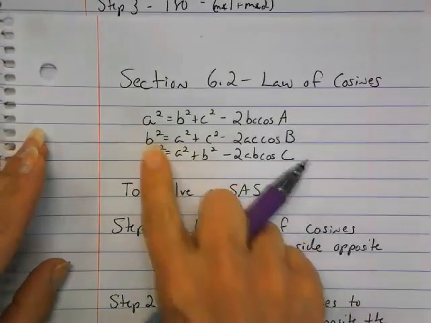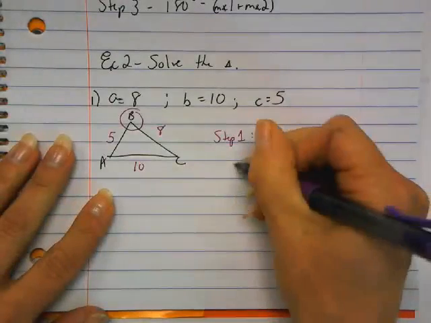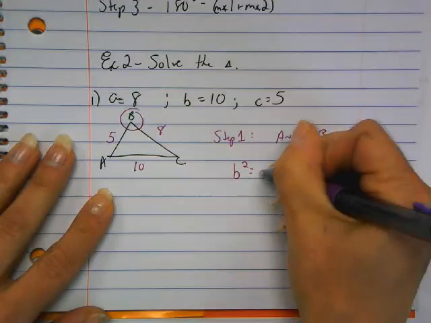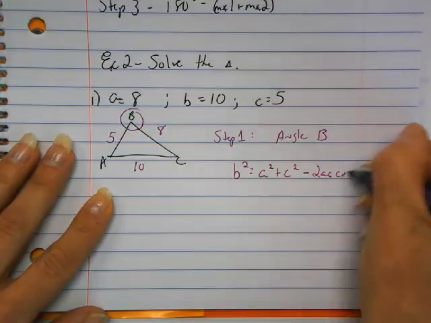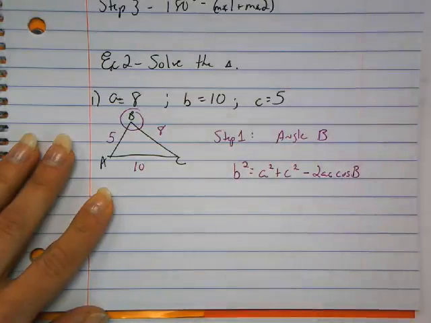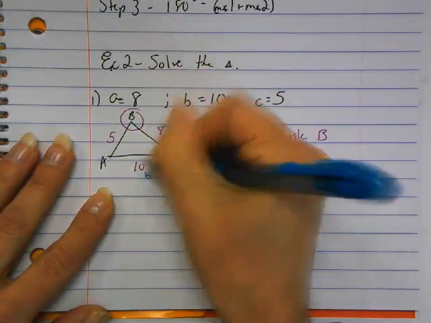Now here's where people make a mistake. Let's go ahead and clean it up first. I am not going to type this all into my calculator because x is not over here. So I get 100 is equal to 64 plus 25 minus, I'm going to clean that up and put 80 cosine of B.